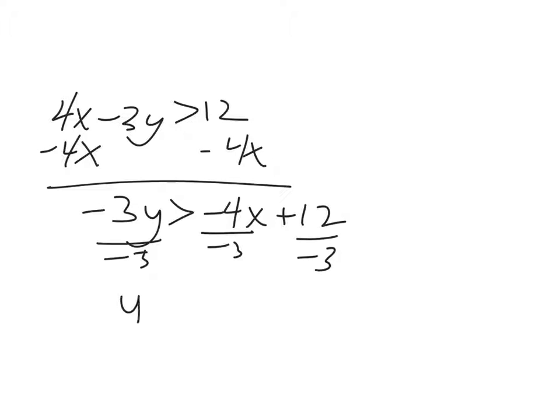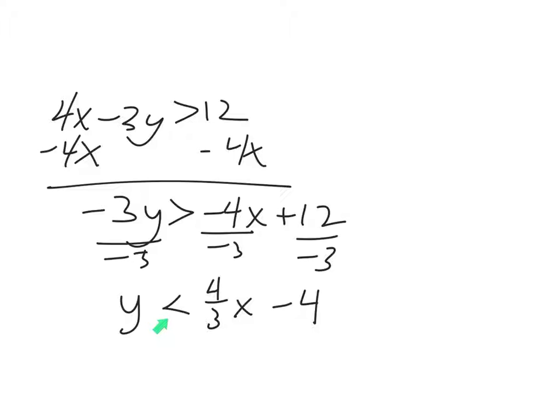So I have y. Now I have to flip it over because I divided by a negative. Negative divided by a negative is a positive, so I can just leave this as 4/3 x. A positive divided by a negative is a negative, so it's like that. Y less than 4/3 x minus 4. Now I have my slope, I have my y-intercept, I have y by itself.